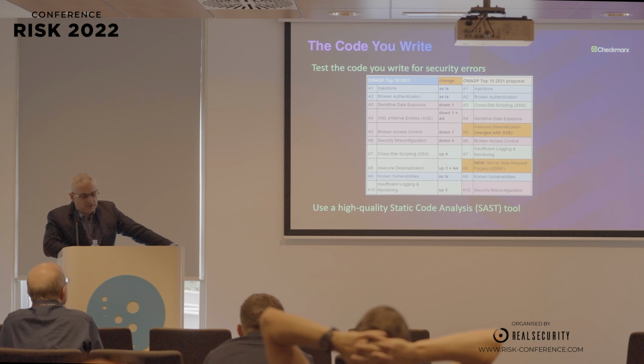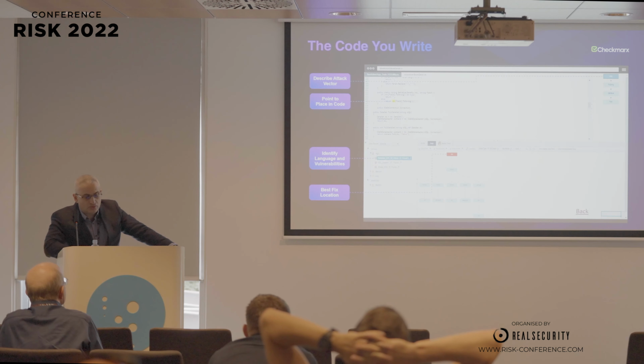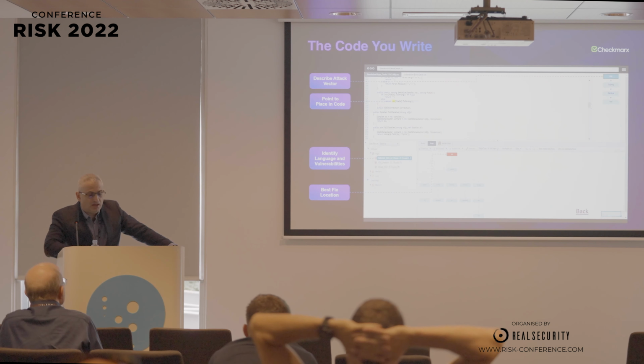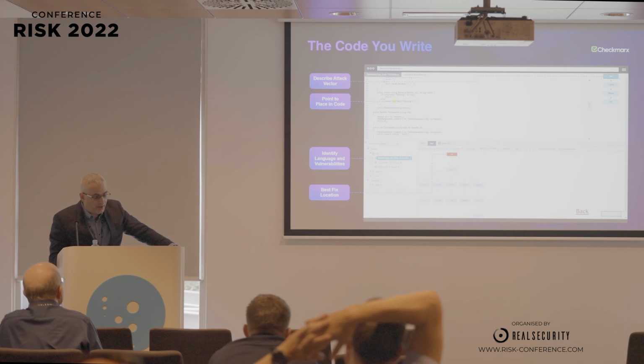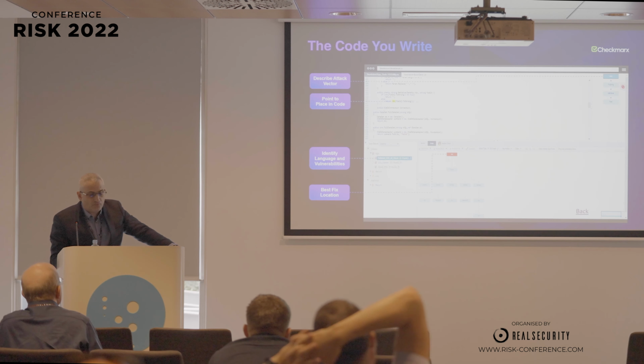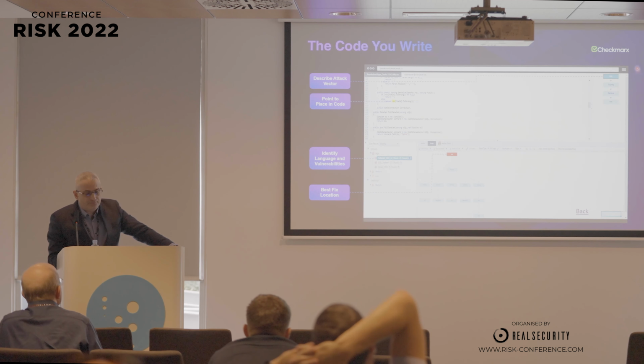So we need to use a high quality static code analysis tool to detect vulnerabilities in our own code. Which information should the system provide? First of all, the attack vector. We should be able to see which vulnerability exists in the code, and I should see it in my code itself.